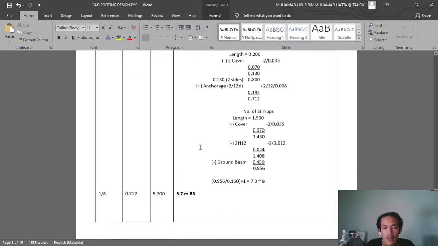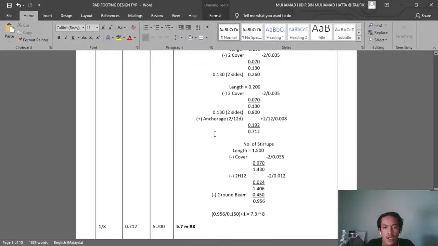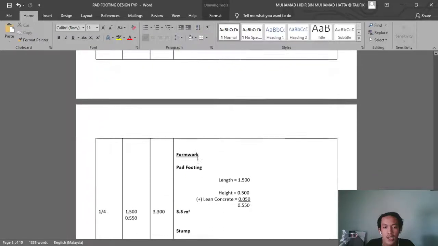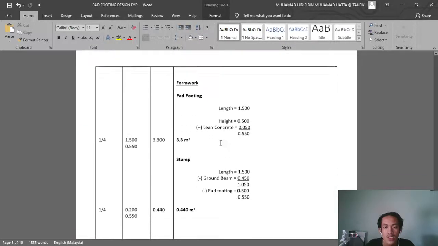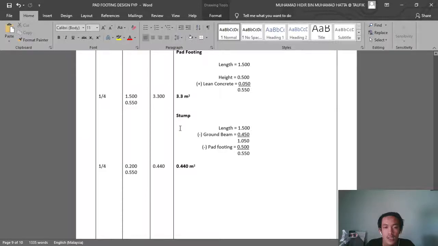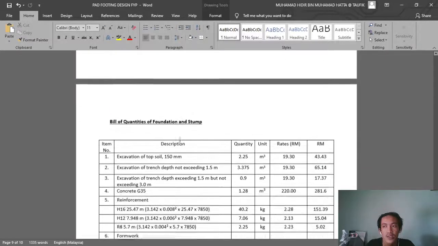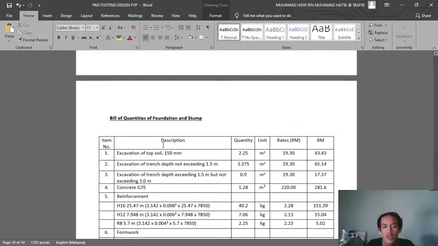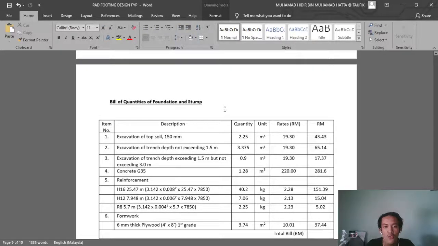Then we use links, R8, and then we calculate the formwork. We sum up all the values based on each material, and then we calculate the BQ, the bill of quantities of the foundation and stump.